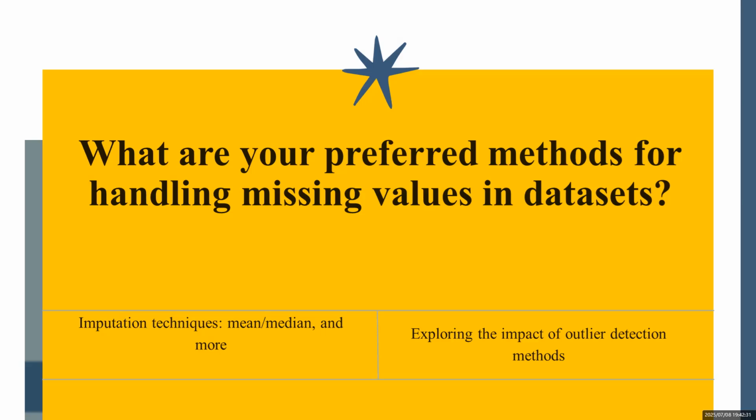If your project is not in a sensitive sector, then deletion might be a good option. But if it's a very sensitive sector, imputation might be a better option. That depends on the nature of the project, how sensitive it is, and the decision of the domain expert as well. Imputation techniques such as mean and median can be used, and exploring the impact of outlier detection methods is also a good approach.